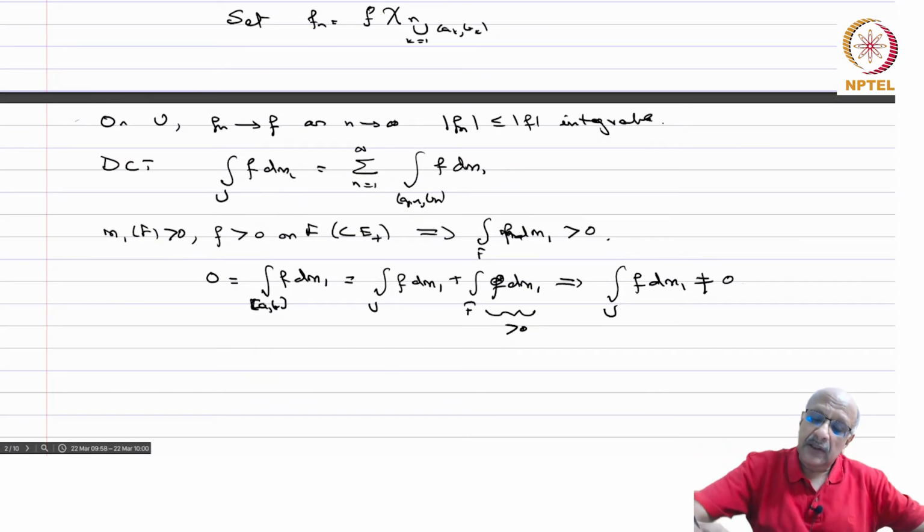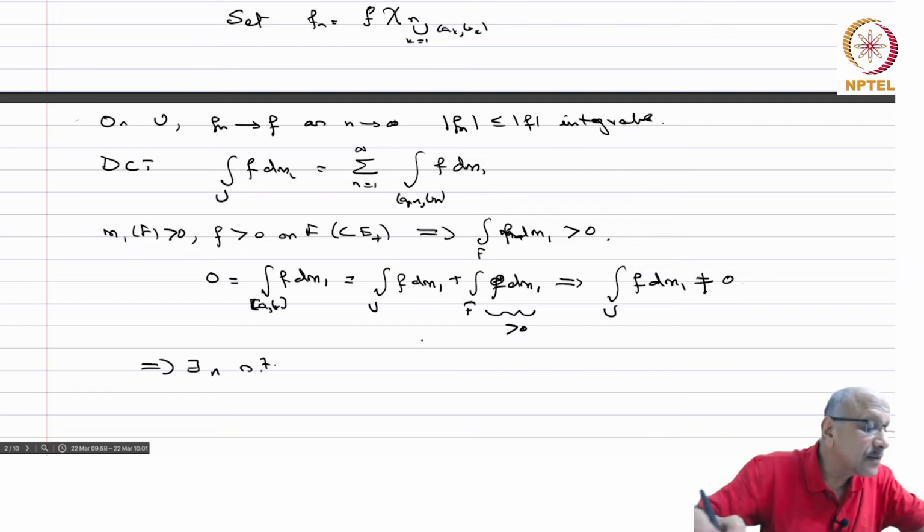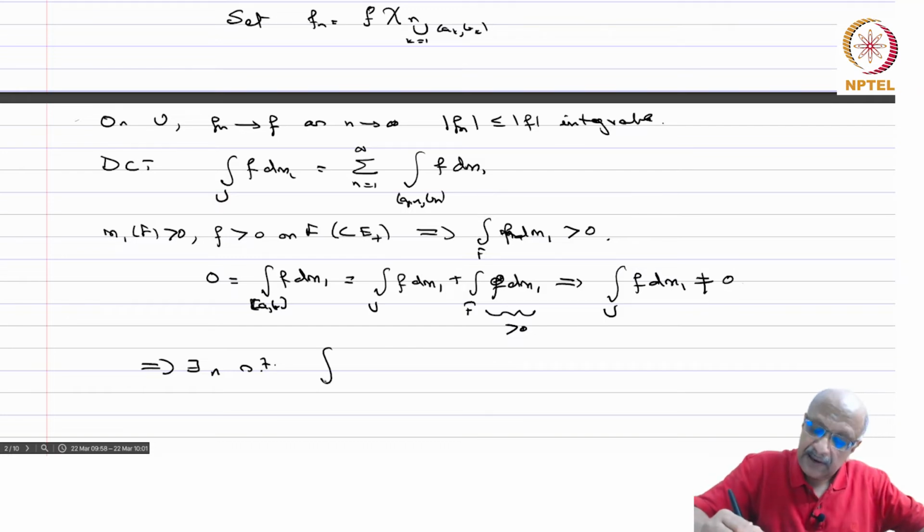But what is the integral over U of f dm1? It is the sum of the various things. Therefore there exists n such that the integral over (a_n, b_n) of f dm1 is not equal to 0.